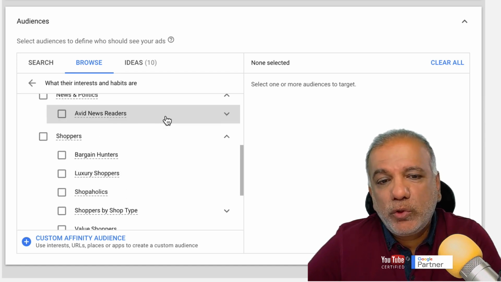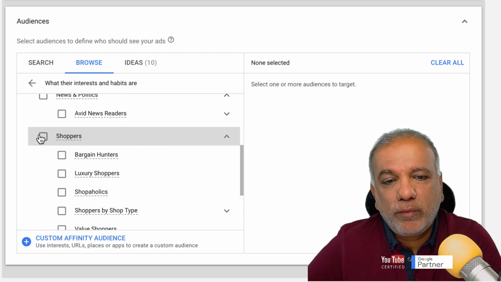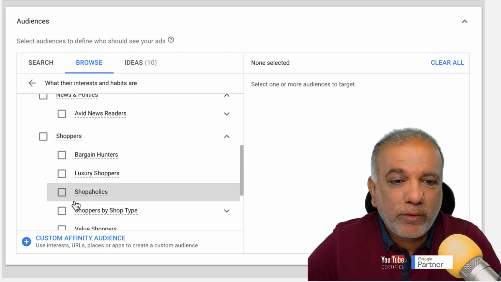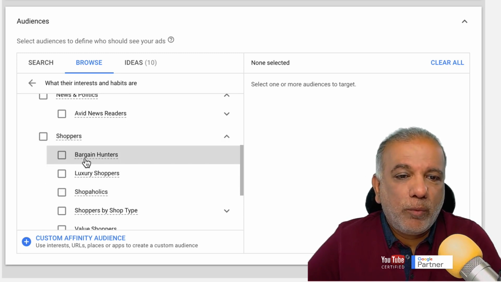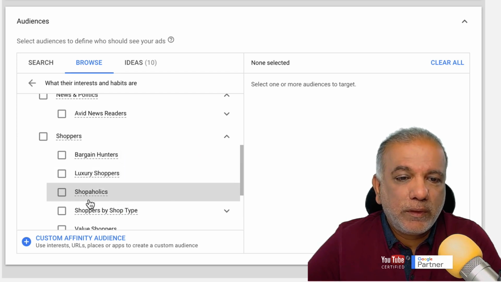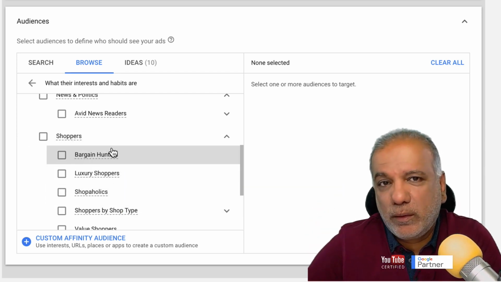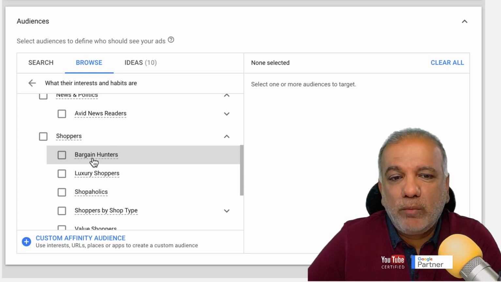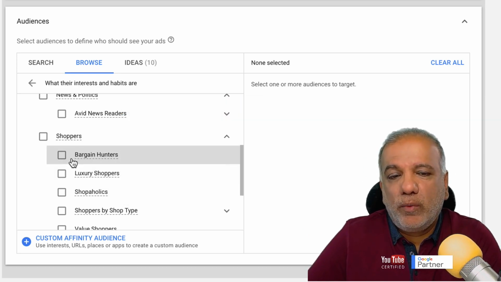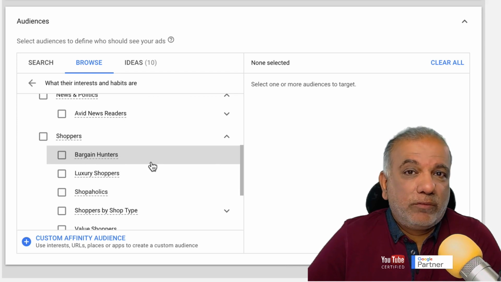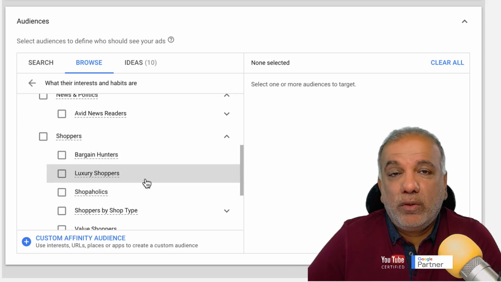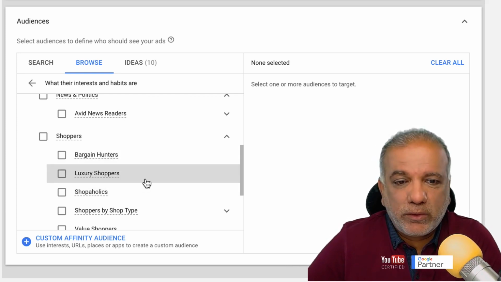Now what you can also do is, instead of putting all the shoppers in one ad group, make one ad group for bargain hunters, luxury shoppers, shopaholics, and so on. So again, you are making the data very granular, and you'll be able to see very quickly whether you are getting better results from bargain hunters compared to luxury shoppers, and so on.